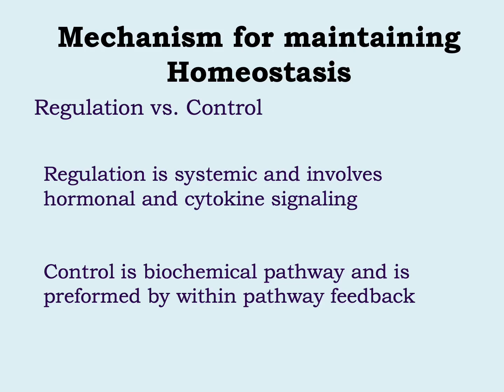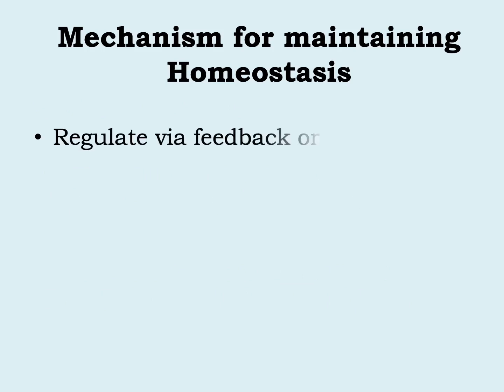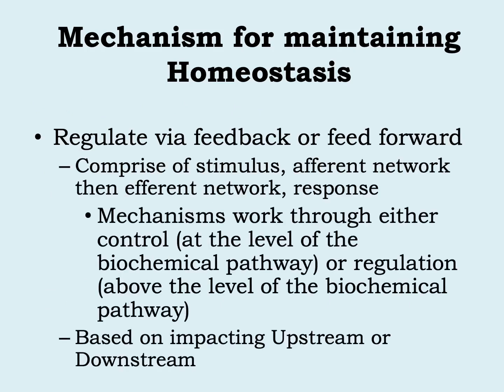Whether we're looking at regulation or looking at control, the means by which we can go about doing this is through what's referred to as regulatory feedback. There are two types of regulatory feedback. There's what's referred to as positive feedback and what's referred to as negative feedback.